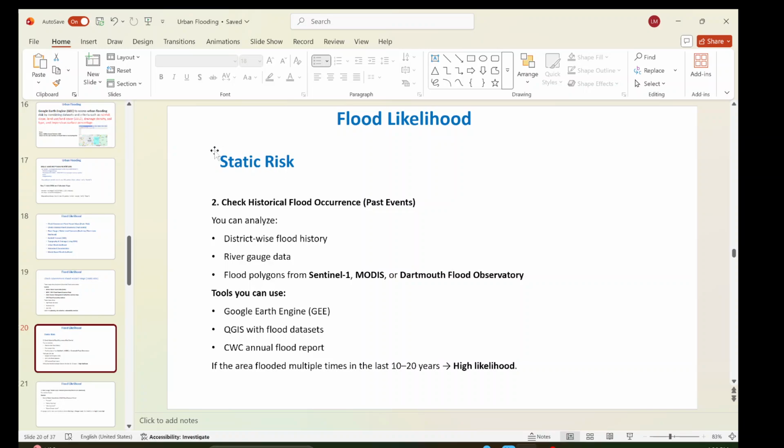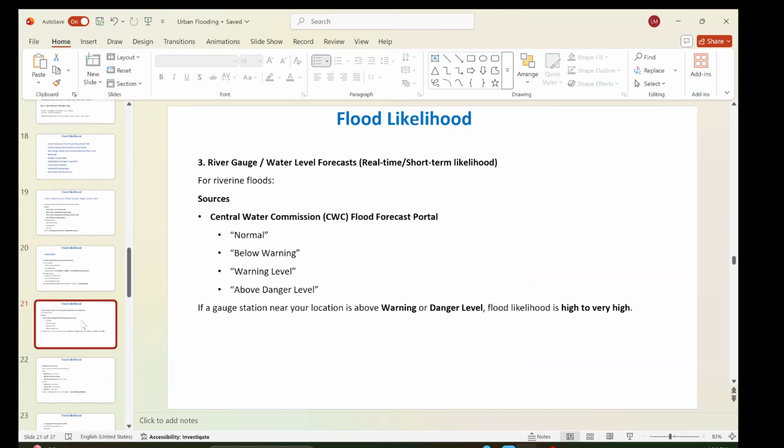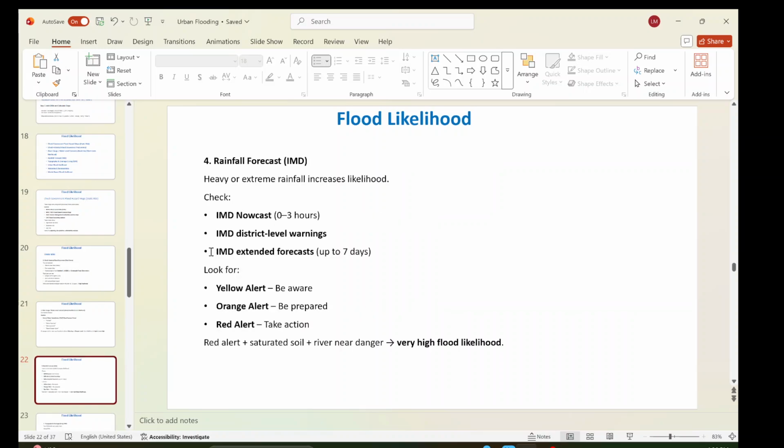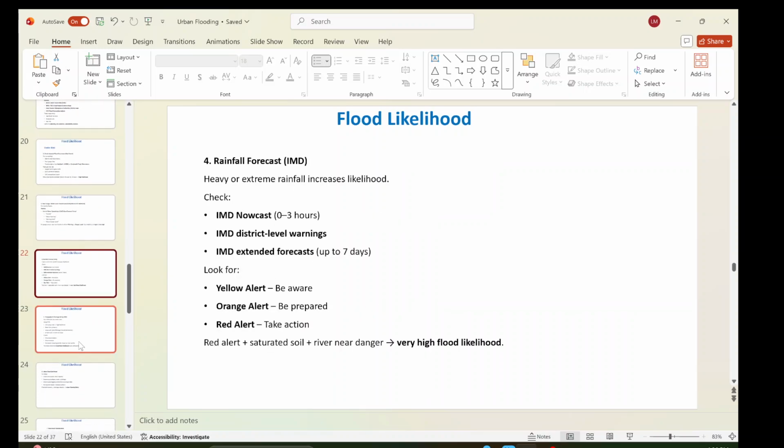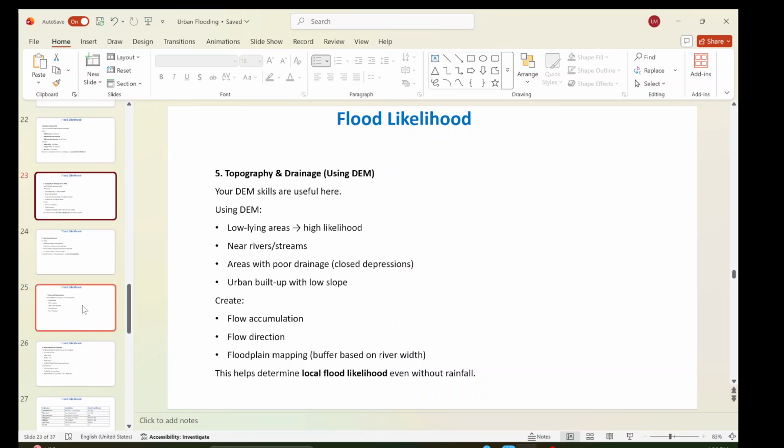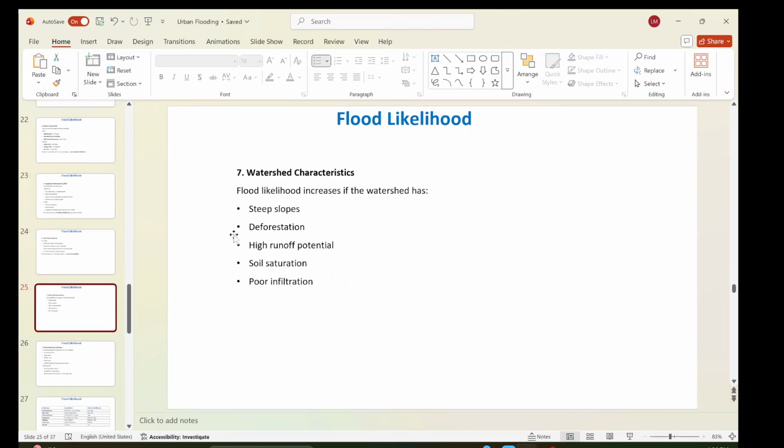We talked about static risk and then included rainfall forecast, so a lot of factors and parameters, and different types of flood.